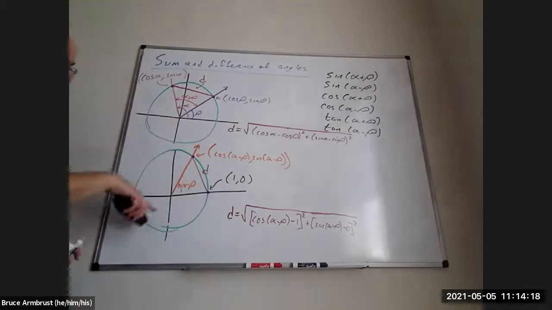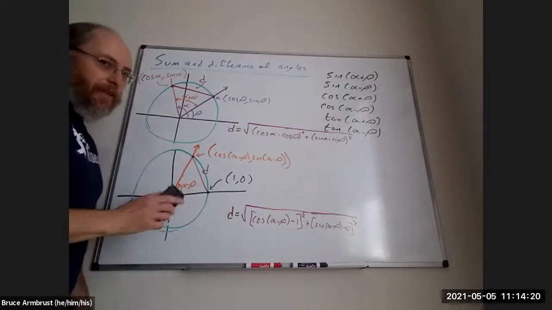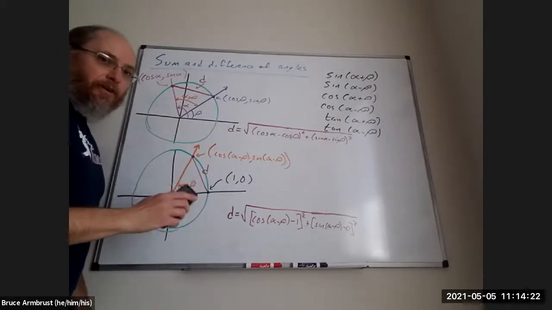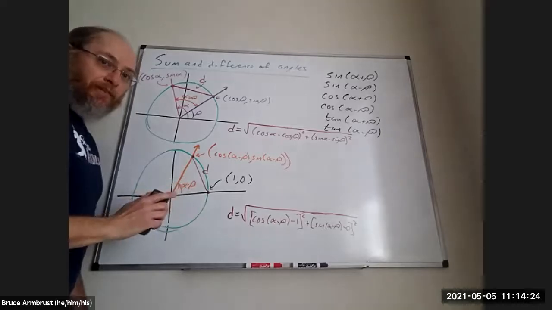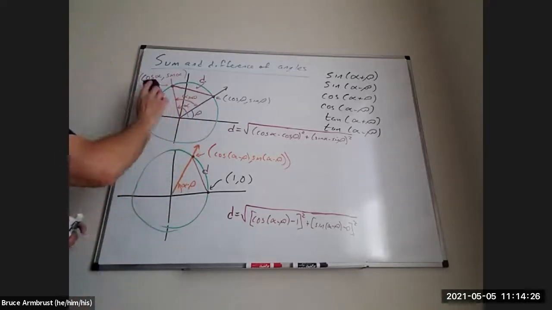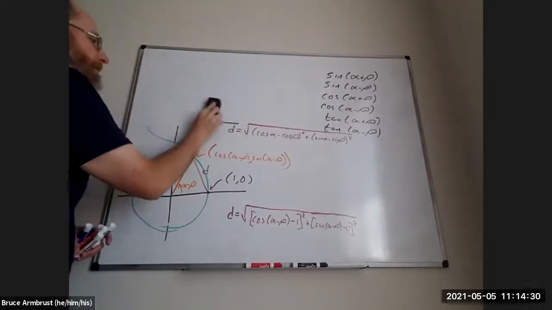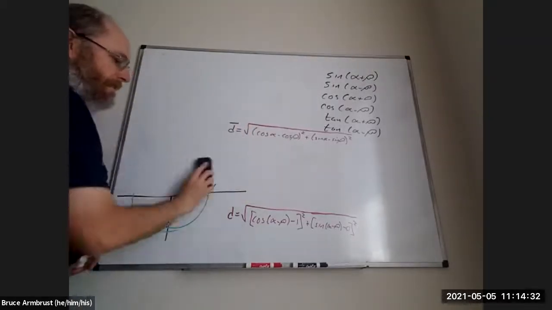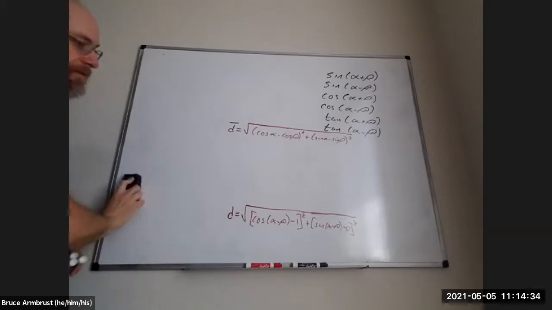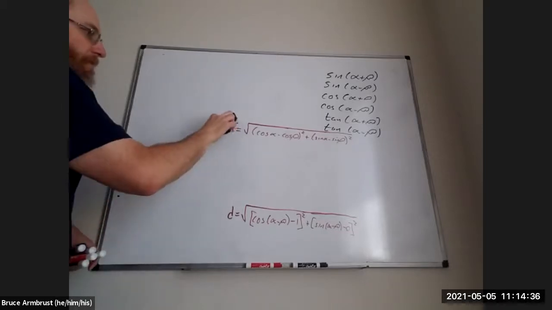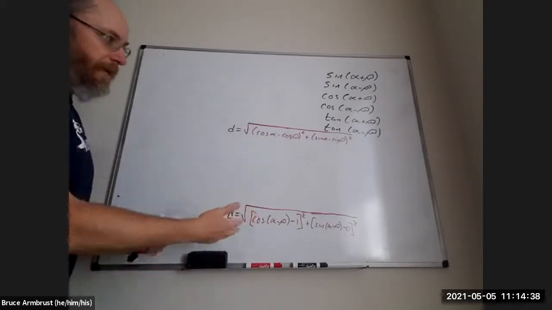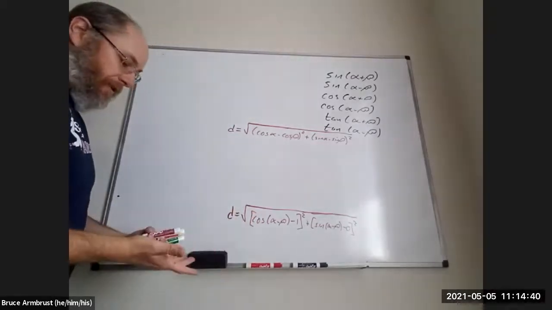So I'm going to erase my pictures. If you're scrambling going, no, I need to remember, you can go back and watch the video. All right, but I need more space here. So what we're going to do is equate these 2 distances. Now, since they're both square roots, I can square both sides to get rid of those.